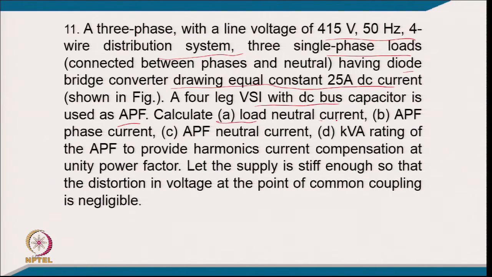Calculate A, load neutral current; B, active power filter phase current; C, active power filter neutral current; D, kVA rating of the active power filter to provide harmonic current compensation at unity power factor. Let the supply be stiff enough so that the distortion in voltage at the point of common coupling is negligible.